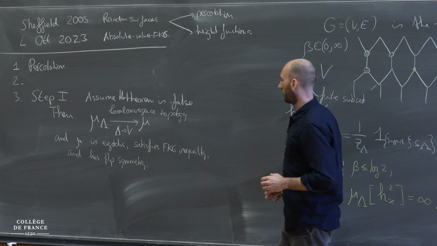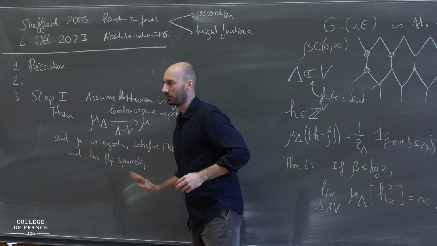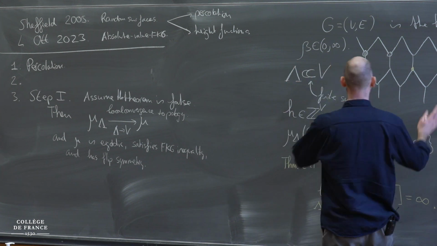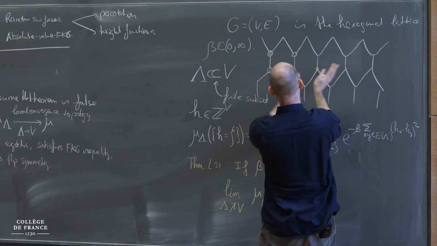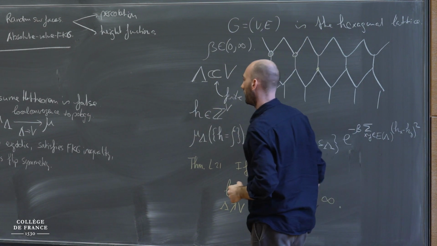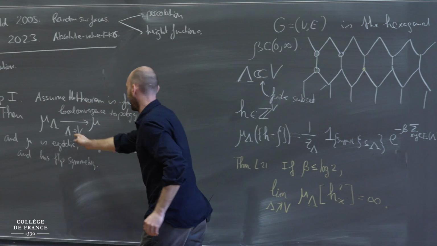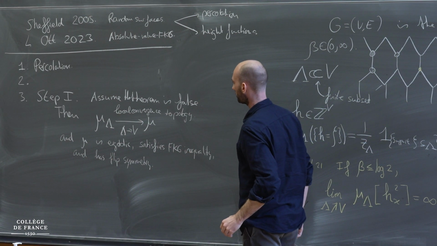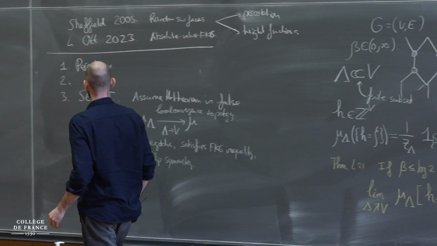Because of that, this limit has all the symmetries of the graph. For example, it's symmetric under flips, and you can rotate by 2π/3. So it's a very symmetric measure, and it has other properties which I will introduce in a second.